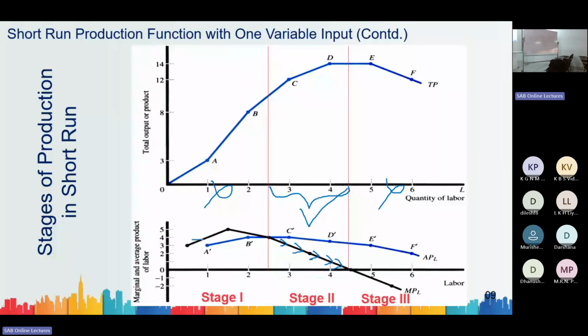When marginal product of labor is increasing, it should be stage 1. Will a rational producer operate in stage 1? No. So when marginal product of labor is increasing, a rational producer will not operate there. A rational producer will operate only when the marginal product of labor is decreasing, in stage 2.